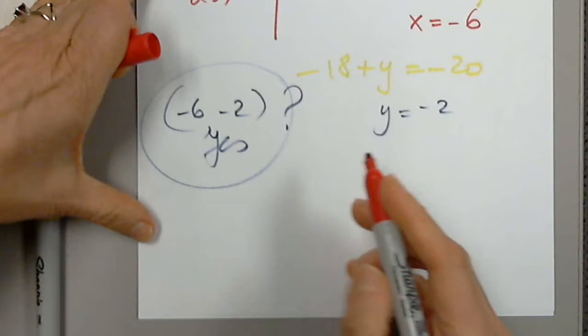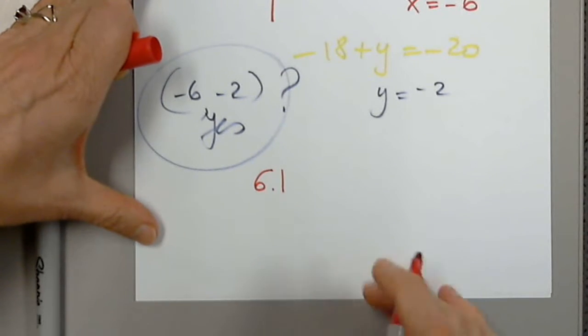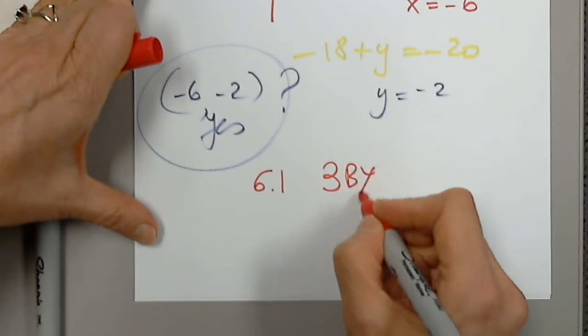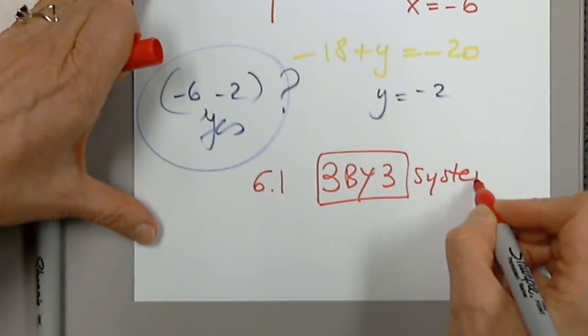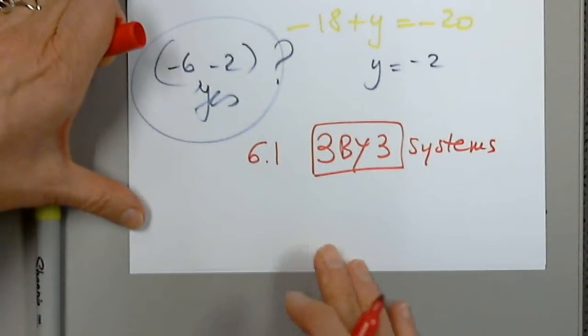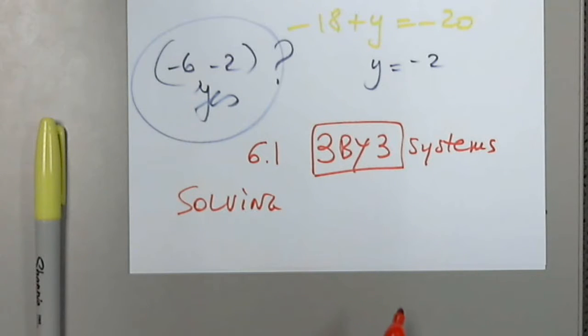Here's the third method, but this is for, so this is section 6.1, for 3 by 3 systems, solving using matrices, which is not elimination, which is not substitution. Totally different.